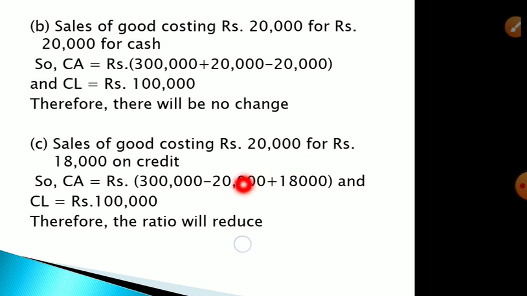But the amount of decrease is more than the amount of increase. That means my current asset has decreased by 2,000. Current liability was the same, there was no change, and current asset, the numerator, has reduced. This indicates that my ratio will reduce.